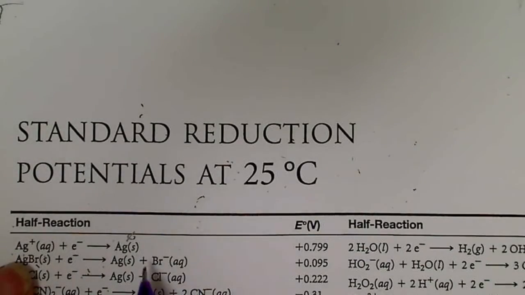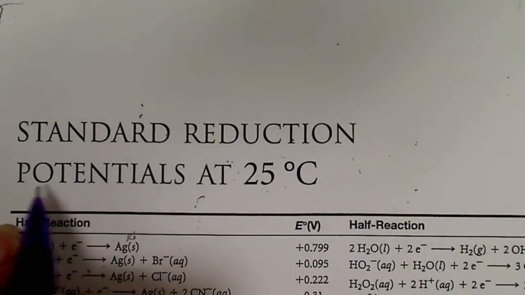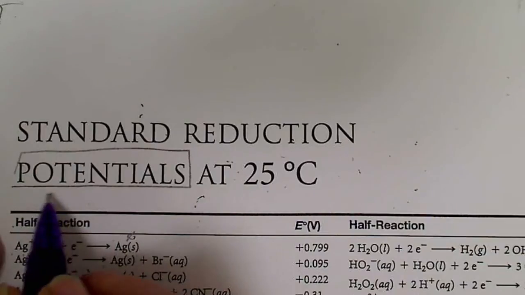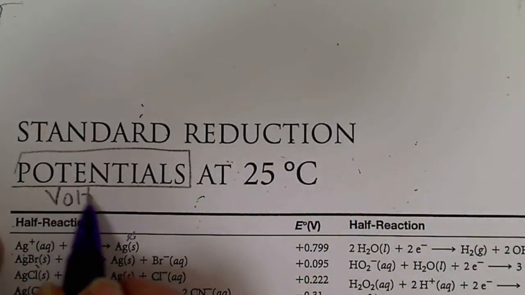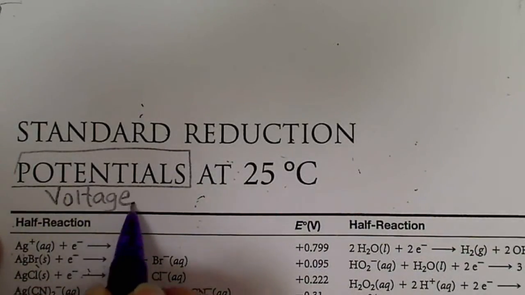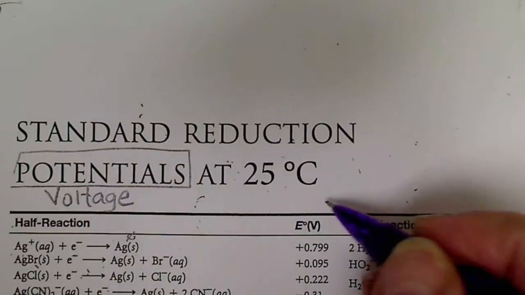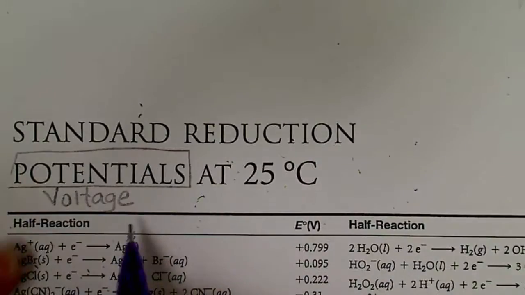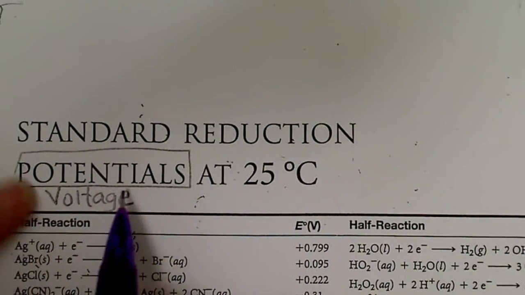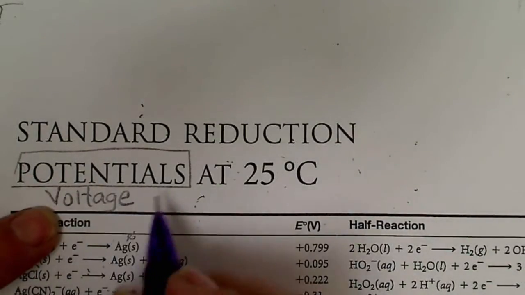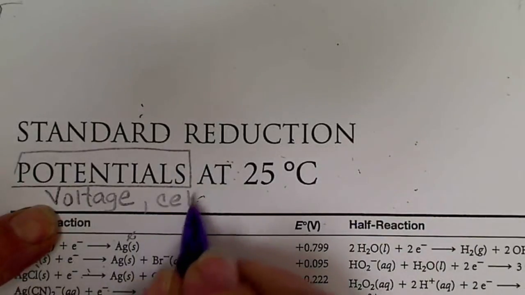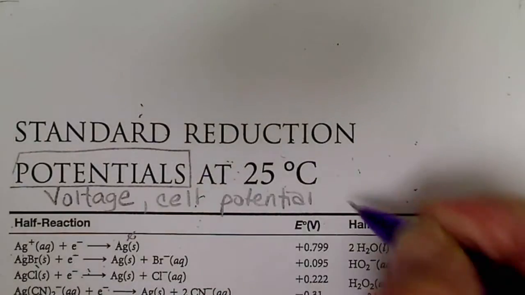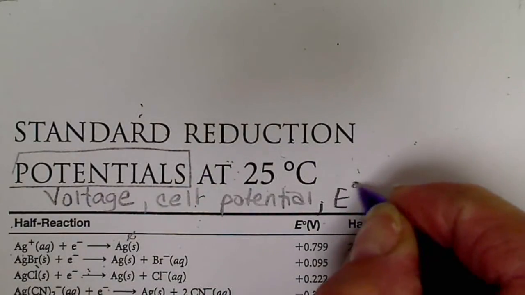Okay, so I'm going to discuss potentials, what we mean by that. That's another word for voltage. And the unit for voltage is a V. So we might be asked for the voltage or the cell potential, or we might be asked for E0 cell.